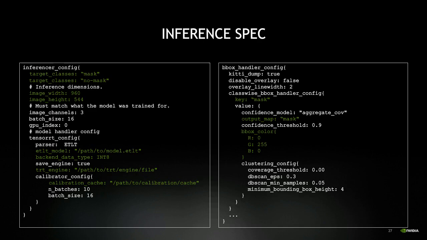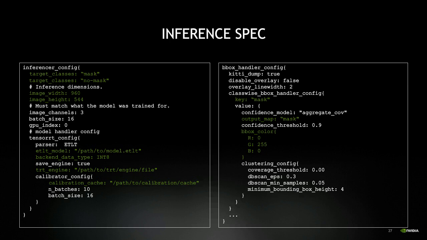You create an inference spec file where you configure the target class, input image dimension, and batch size. You have an option of directly providing the eTLT model from the model export step or converting to a TensorRT engine and providing the engine file for inference. If you provide the eTLT file, TLT infer will first generate a TensorRT engine before running inference.